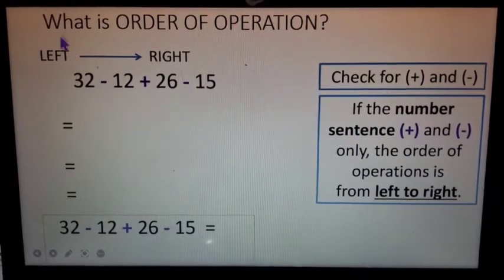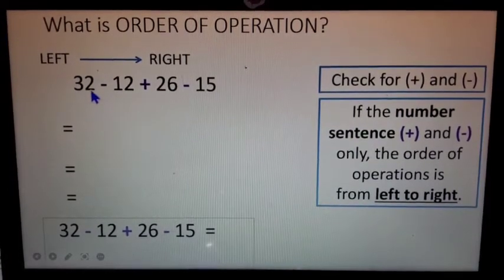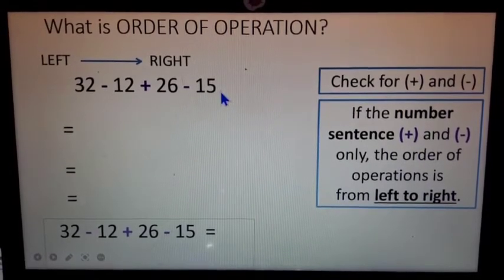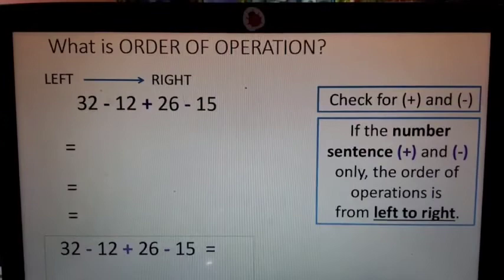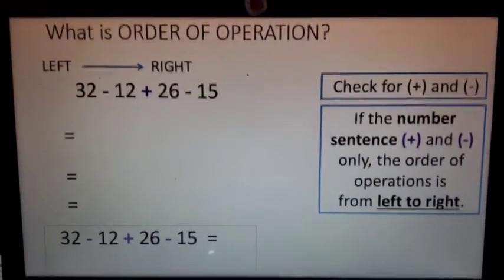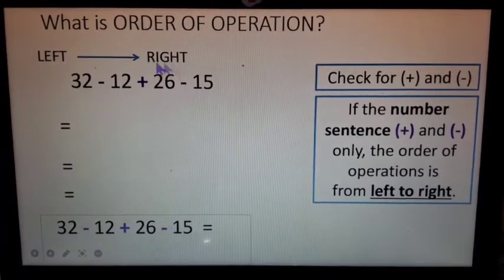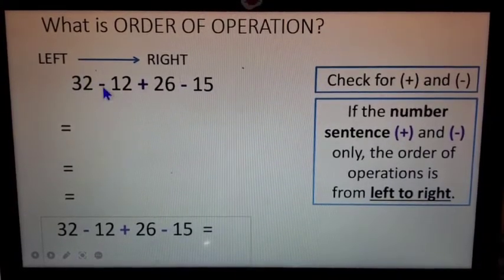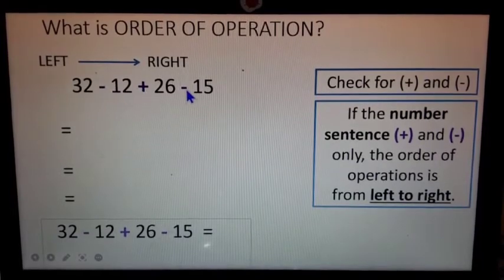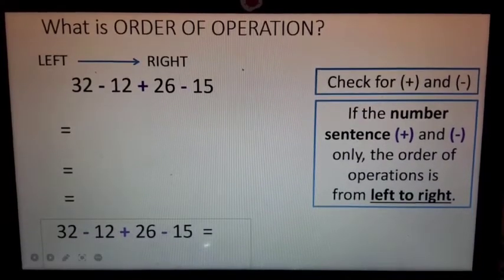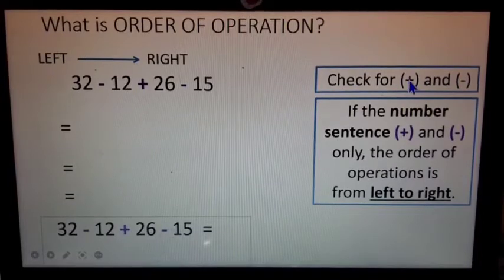Okay, try this, class. How about this one? Let's see. 32 minus 12 plus 26 minus 15. So in this case, we should first check which operations are in the number sentence. We have minus, we have plus, we have minus. So the rule is, if there is only plus and minus, we can solve from left to right.